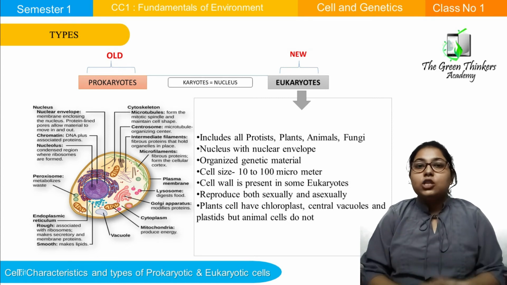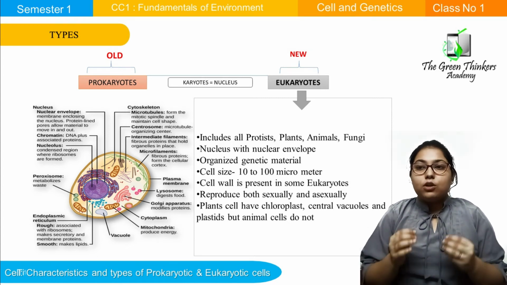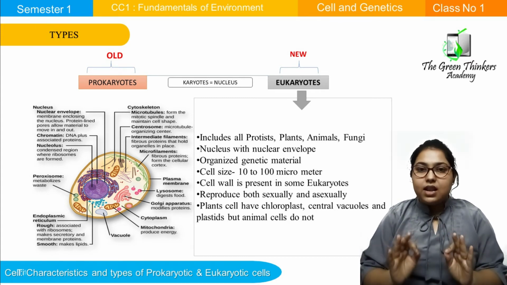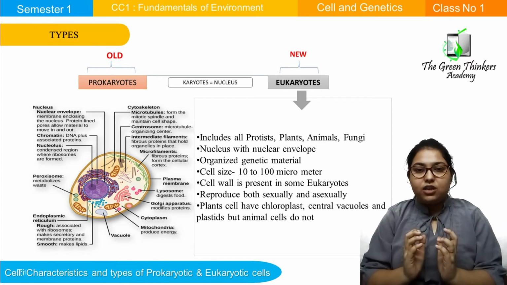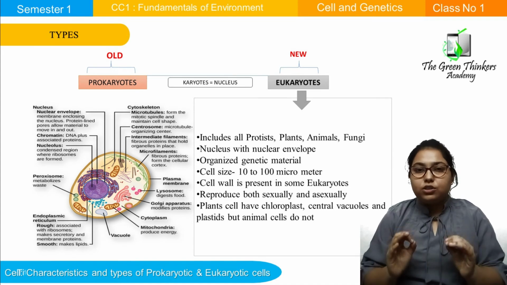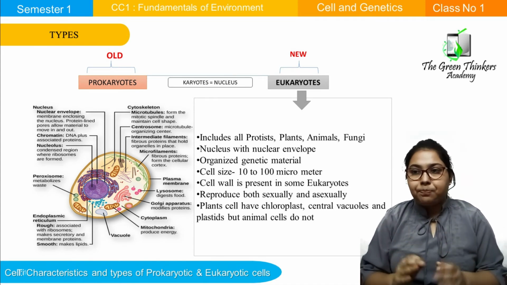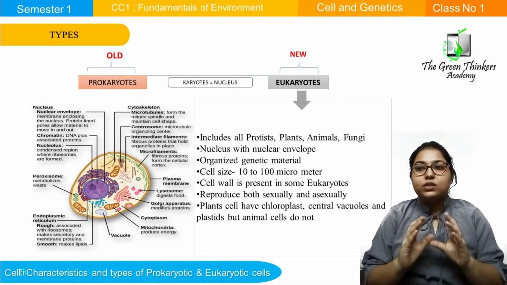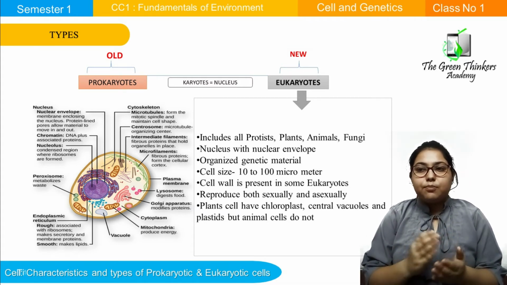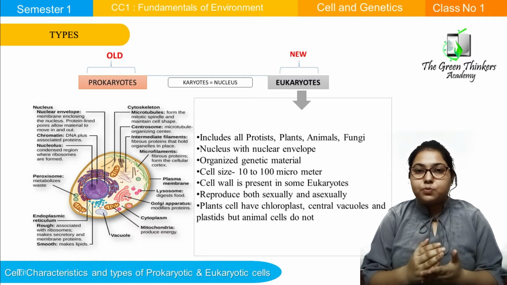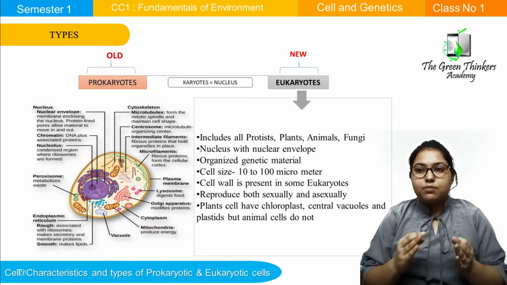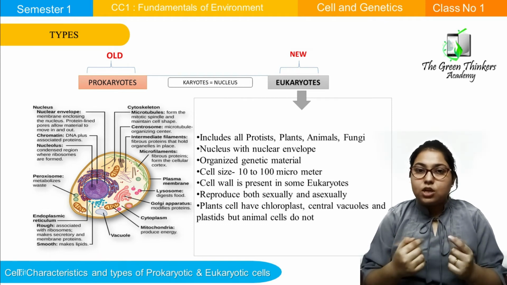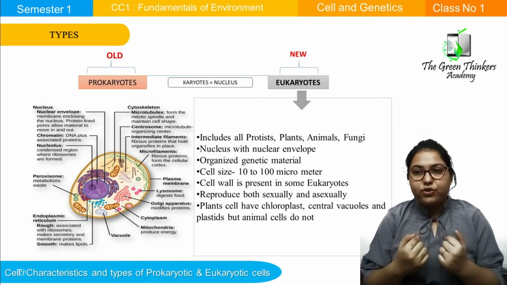Now this diagram shows the various organelles of a cell, and in a nutshell you can get all the functions of the different organelles. The nuclear envelope is a membrane enclosing the nucleus, and the protein-lined pores present in it allow material to move in and out of the nucleus, so it helps in exchange of materials.